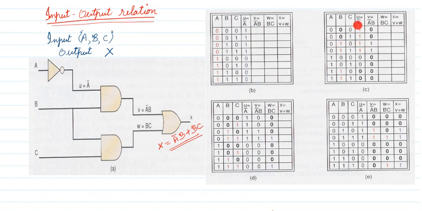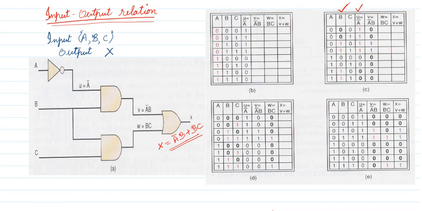You have to multiply these two columns. We will be getting this. Okay, that is your AND operation of A bar and B, right? Then what is W? B into C.